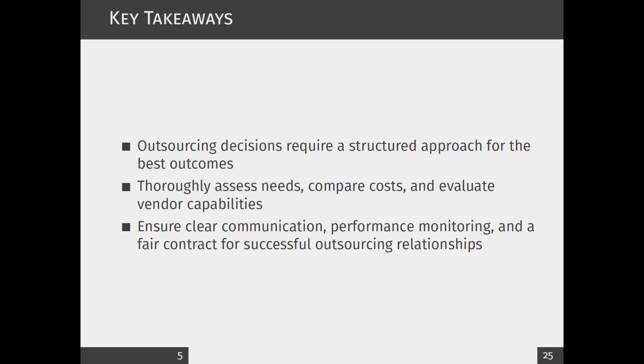And remember, during this whole process, you have to have very clear communication. You have to monitor the performance of the solution that you have acquired for the organization, and have a fair contract, right? So all these are very important for a successful outsourcing relationship, right?